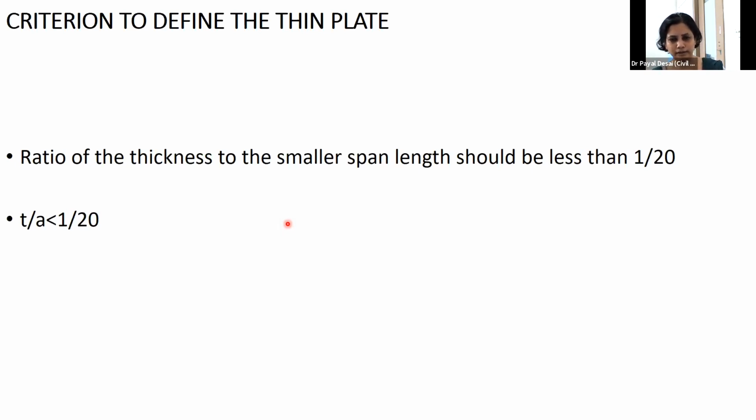I can call that a thin plate, and I can apply the theory which we are discussing in today's talk to that plate. If the ratio is greater than 1/20, that is 0.05, because you decrease your span as compared to thickness, or increase the depth as compared to the span, then you are likely to get a deeper plate, and a different theory is applied, called thick plate theory.